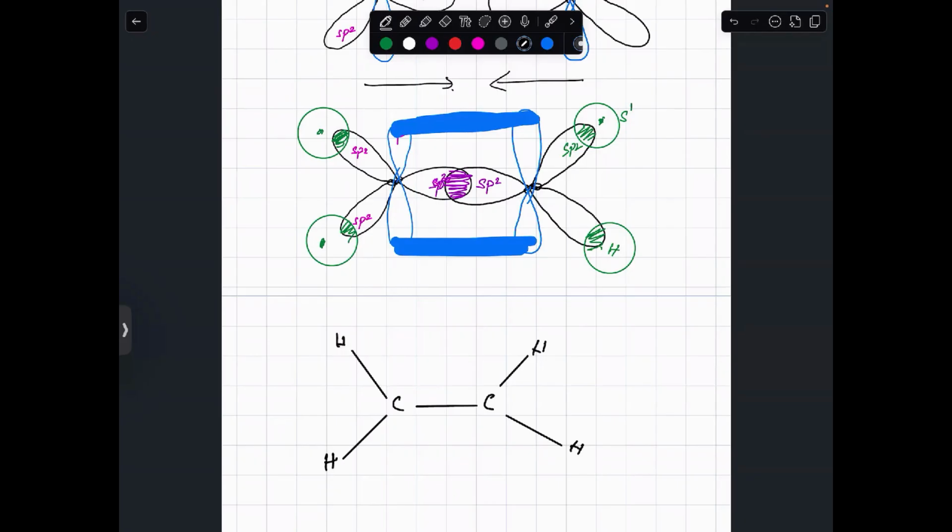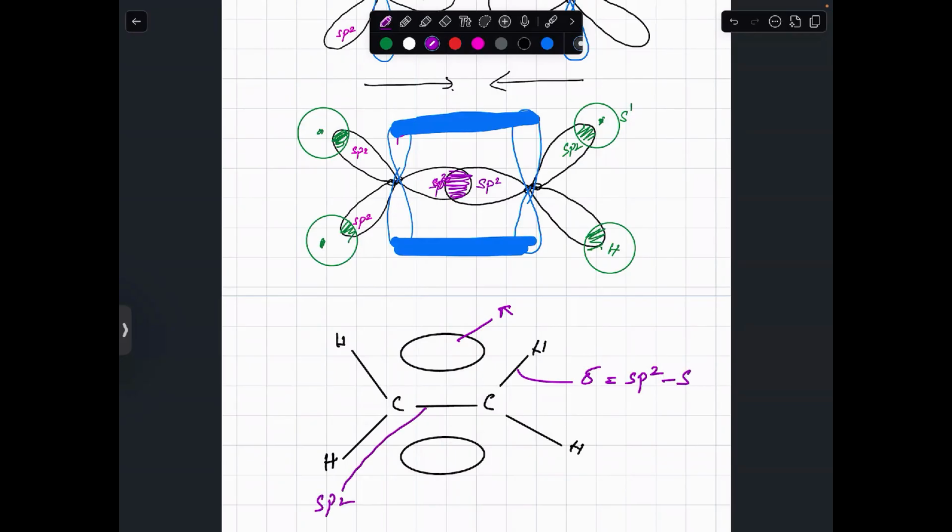This is sigma. And this is the cloud for pi. This is one pi bond. This sigma is due to sp2 and s overlap. This sigma is due to sp2 and sp2 overlap, and this pi is due to p and p overlap.